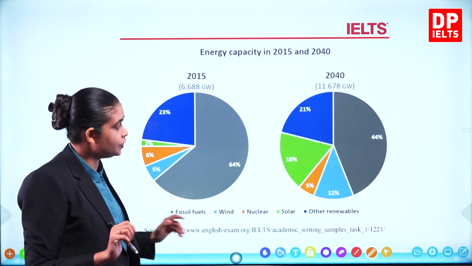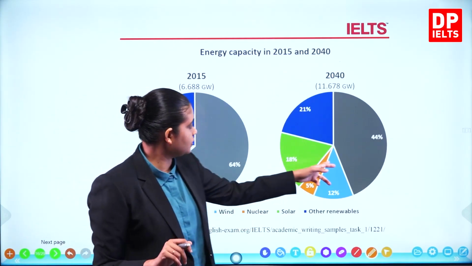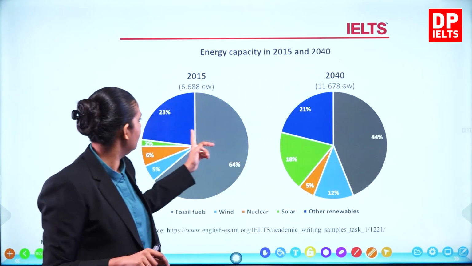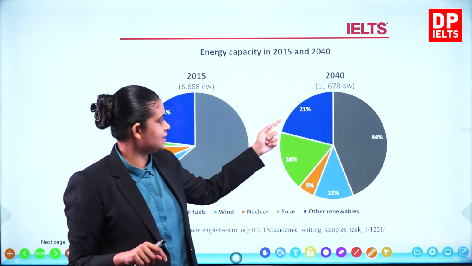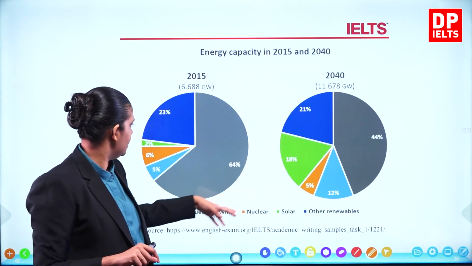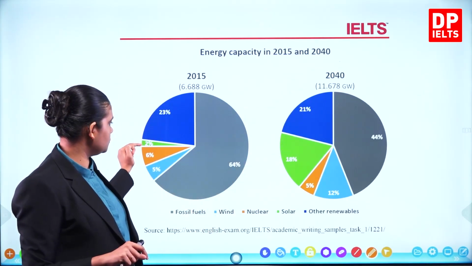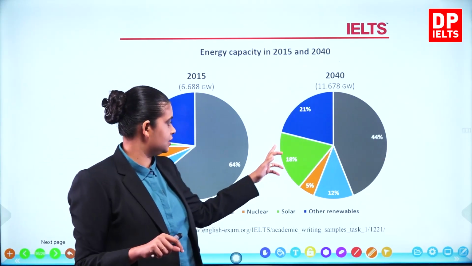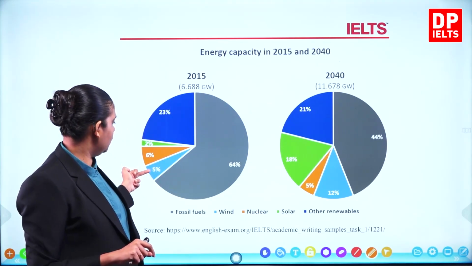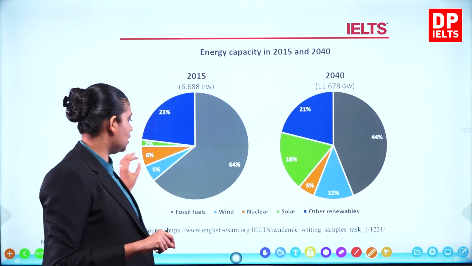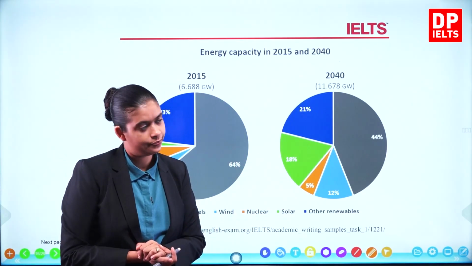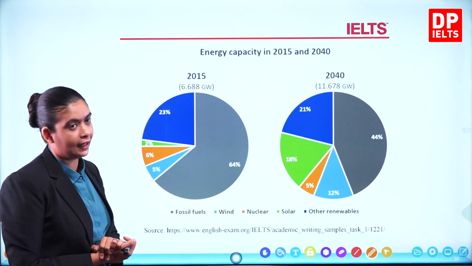However, by 2040, fossil fuels still remain the highest, but it's obviously reduced. And then other renewables is still the second highest, but it has also decreased. And then solar, which was at 2%, shows a significant increase to 18%. And then wind also has increased to 12%, whereas nuclear has remained somewhat in a similar percentage. So that's what we understand.